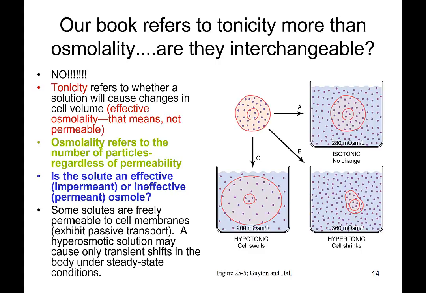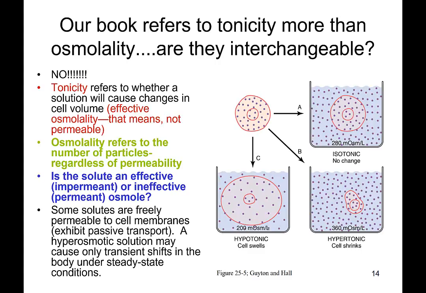Number two, it also tells you that these solutes that are found in higher concentration are impermeable. That means they are effective osmoles. I don't have to add another sentence. I can immediately ask you, will water shift? And if so, which way?